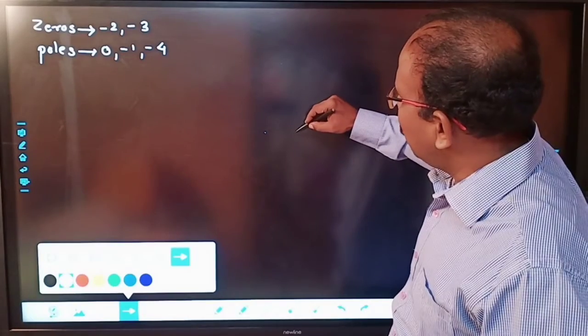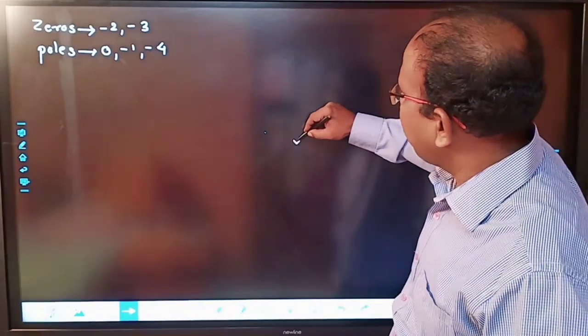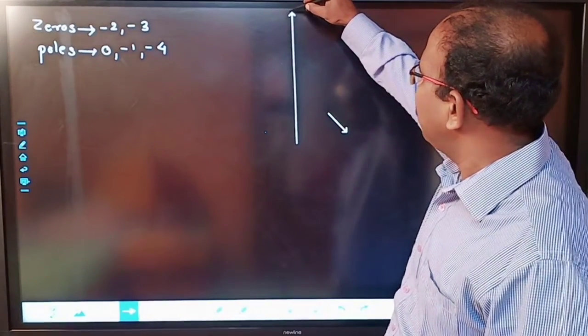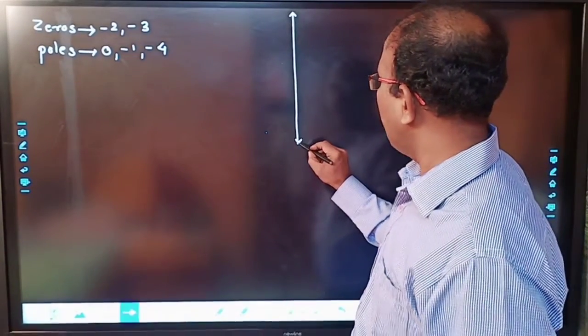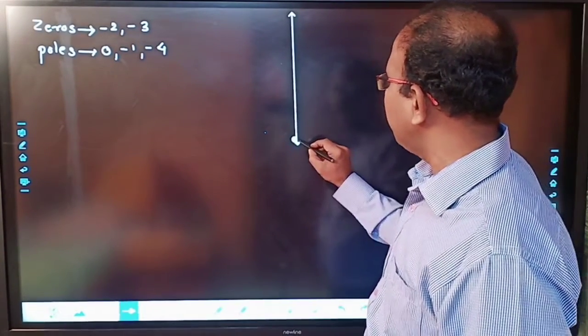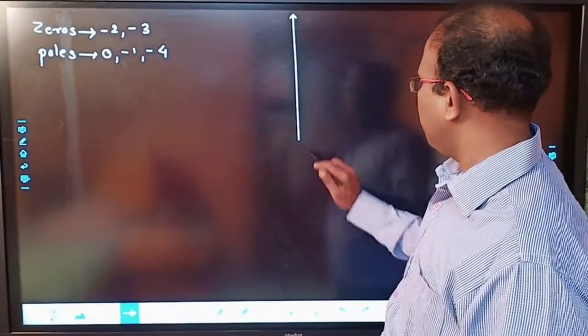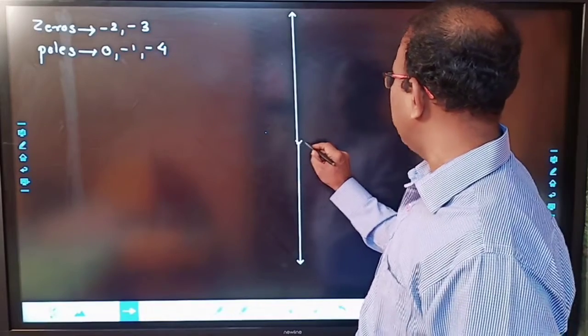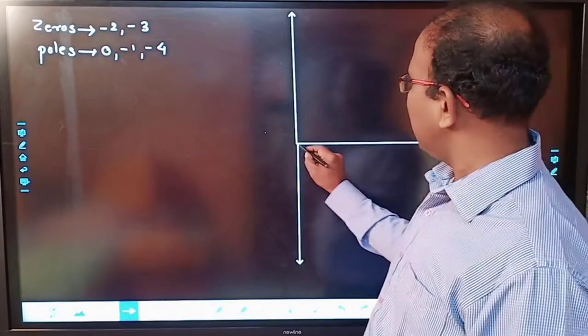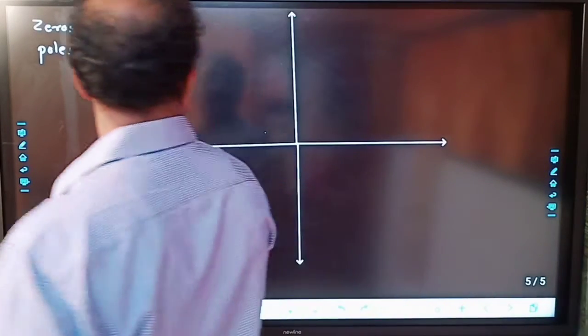As I told, this is like a graph. This is the negative side, and this side is positive.